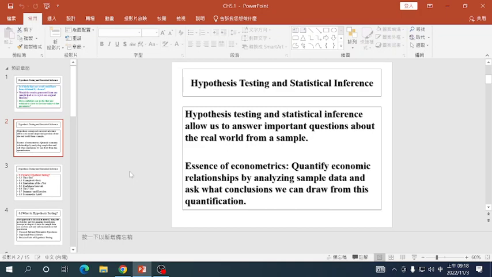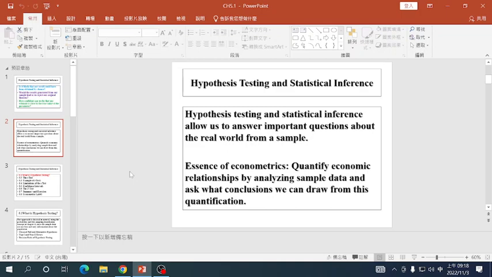Okay, and we also say that the essence of econometrics, the regression analysis is some part of econometrics, is to quantify the economic relationship, quantify. Okay, when we say quantify it means make some real numbers, okay? Quantify economic relationships by analyzing sample data and ask what conclusions we can draw from this quantification.